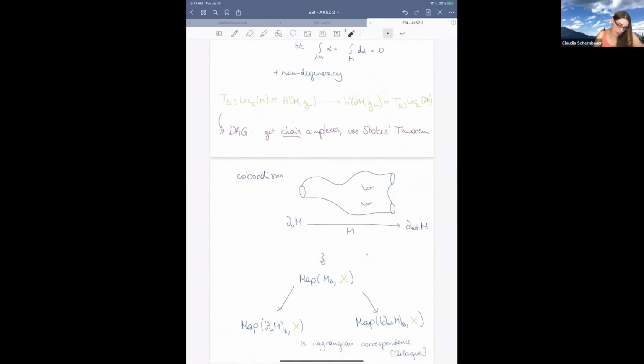So what I really have is, in the previous case, X was just BG. That's something that we saw way further up. But now I can actually take X to be any derived stack. And this derived stack will be what's called n-symplectic.